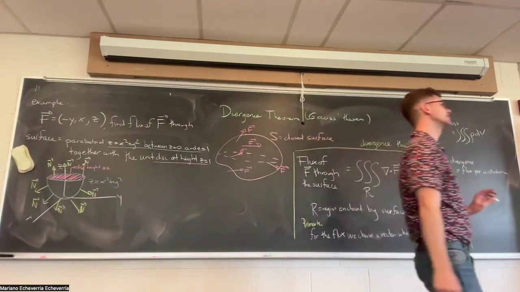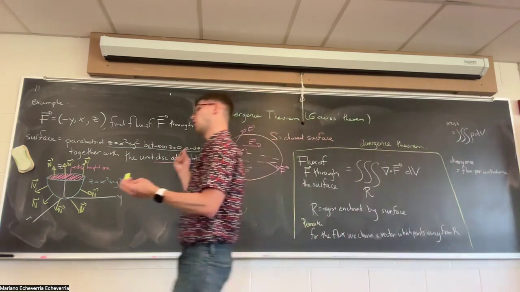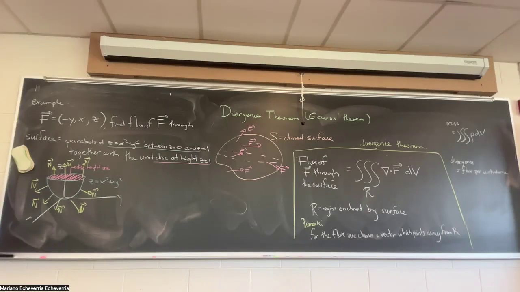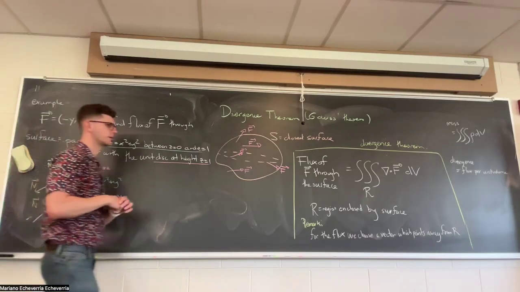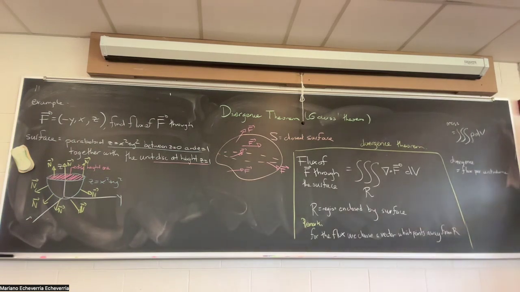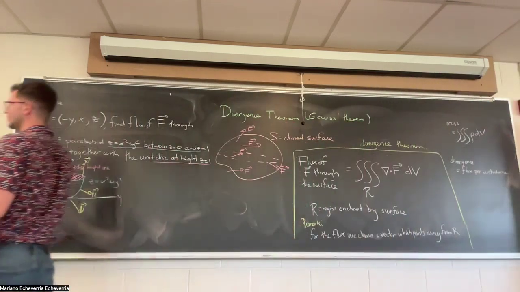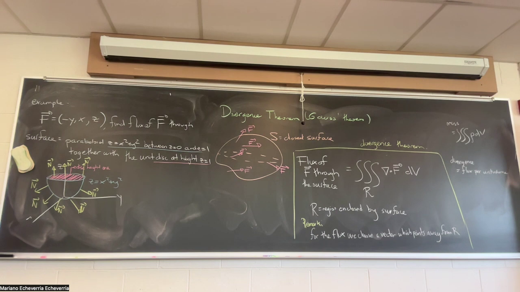That's why it is sometimes called outwards flux, because you're using the vector that points away from the surface. Otherwise, it would be called inwards flux if you were using the normal vector that points towards the inside of the surface. That's how the normal vectors have to look in this case, and you'll see where that makes a difference in the parameterization when we try to compute the flux.